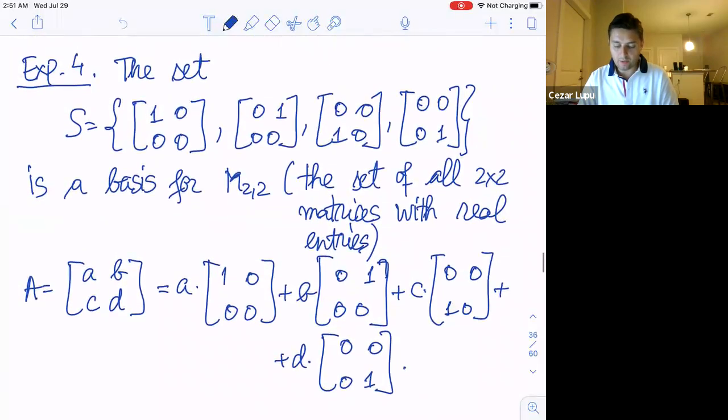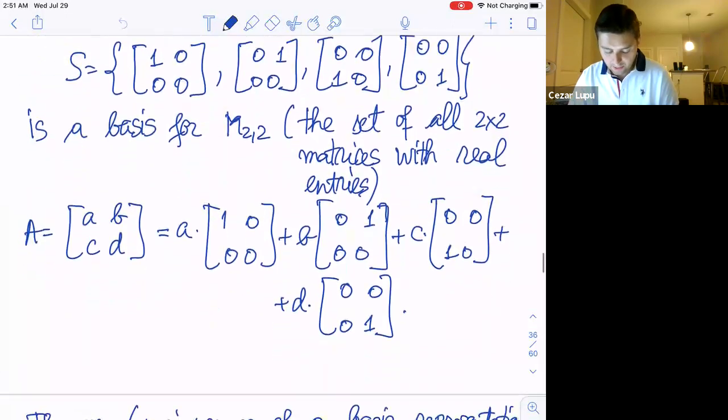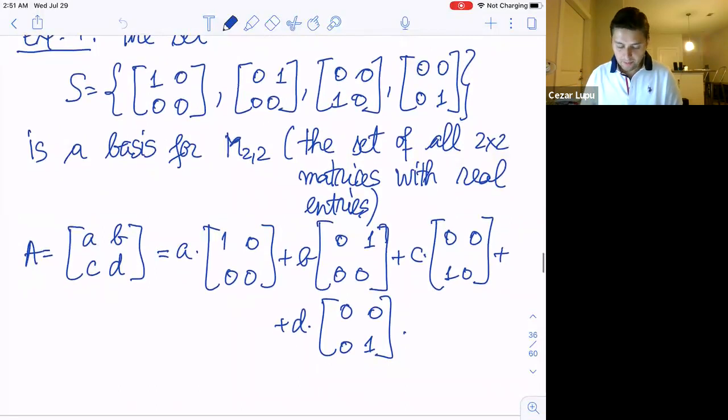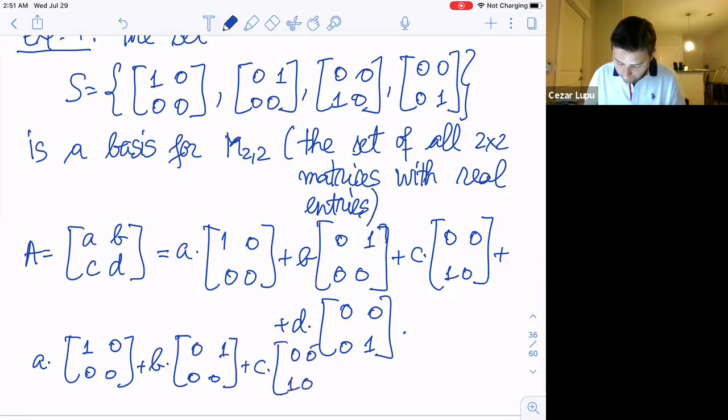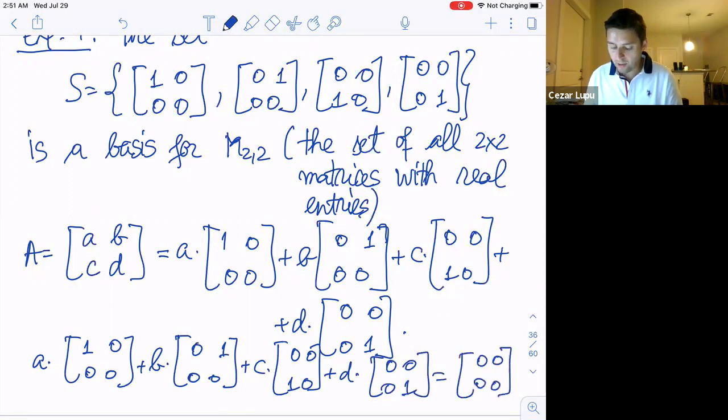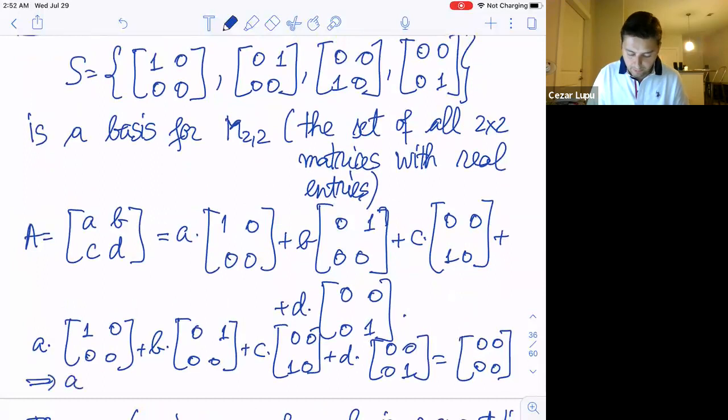Moreover, it's quite clear that S is linearly independent, since any linear combination, so if we have something like A times (1, 0, 0, 0) plus B times (0, 1, 0, 0) plus C times (0, 0, 1, 0) plus D times (0, 0, 0, 1) equal to the zero vector, this automatically gives us that A equals B equals C equals D equals 0, right? It's trivial to see that.